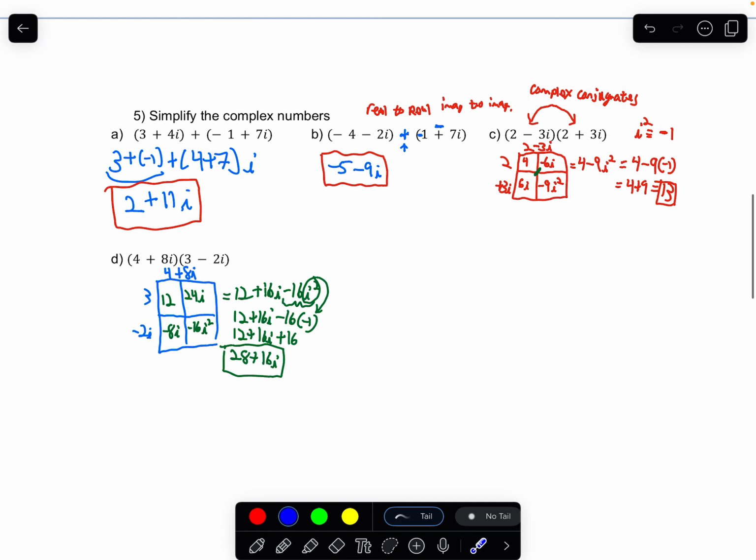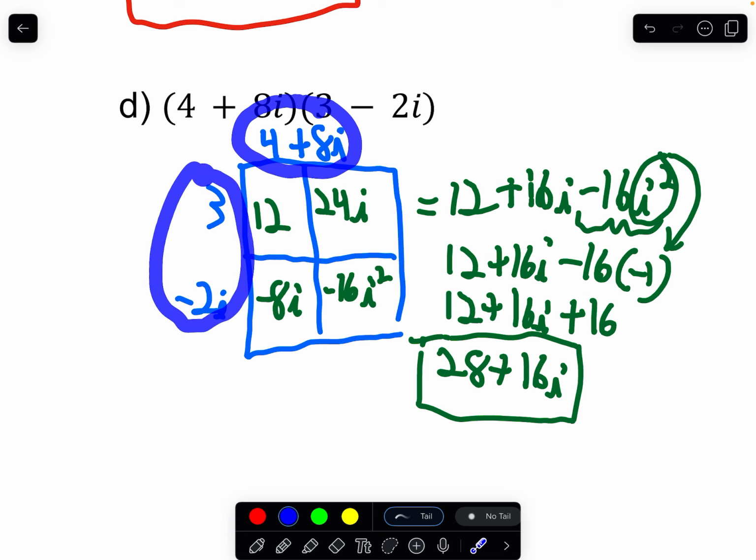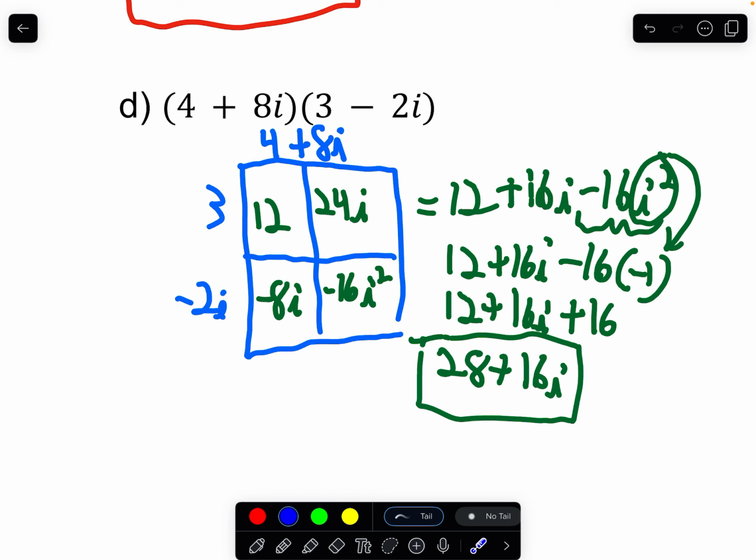I gave you another example here of two numbers that are not conjugates and how you handle that. Notice again with the box, I wrote 4 plus 8i across the top. The second one down the side, 3 minus 2i. I filled it in. 4 times 3 is 12. 3 times 8i is 24i. Negative 2i times 4 is negative 8i. And negative 2i times 8i is negative 16i squared. Add down the back diagonal. You end up with the 12 from here.